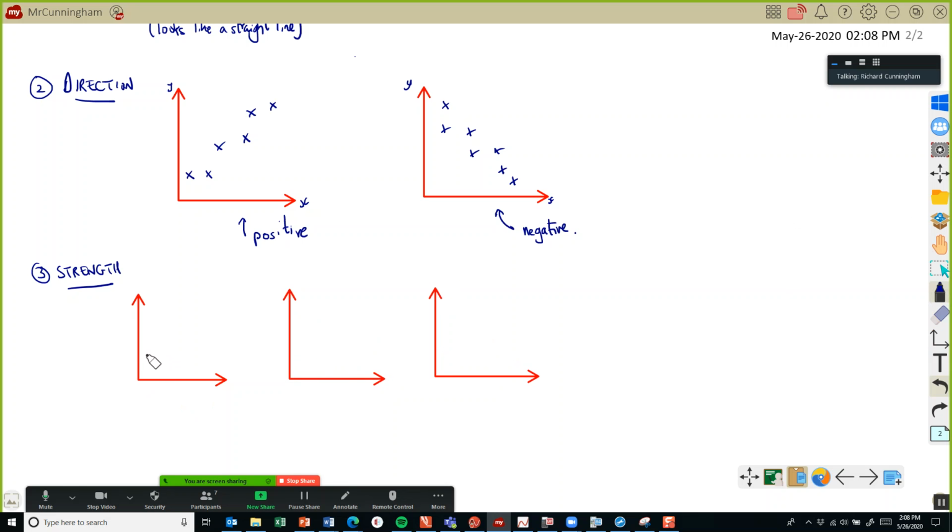So strength was to do with, let's see, we could have weak strength, moderate or medium strength, or strong strength. I'll draw up different ones.